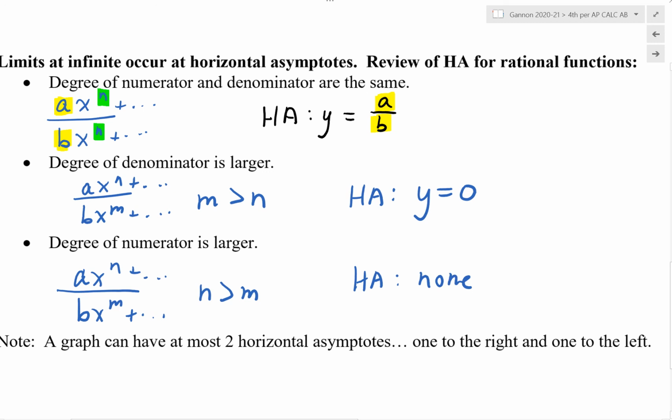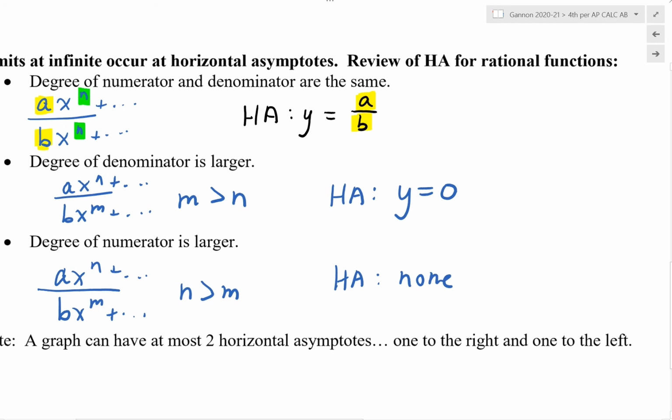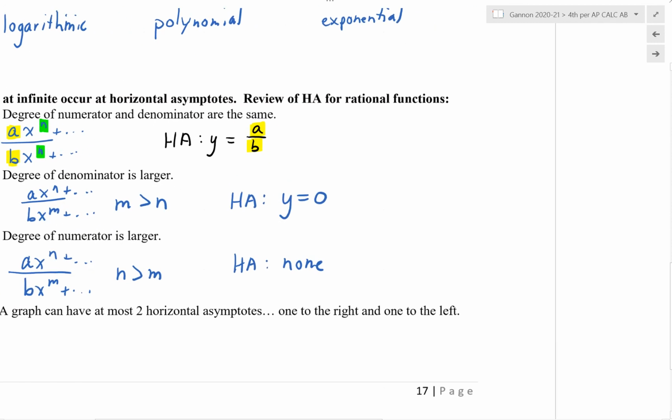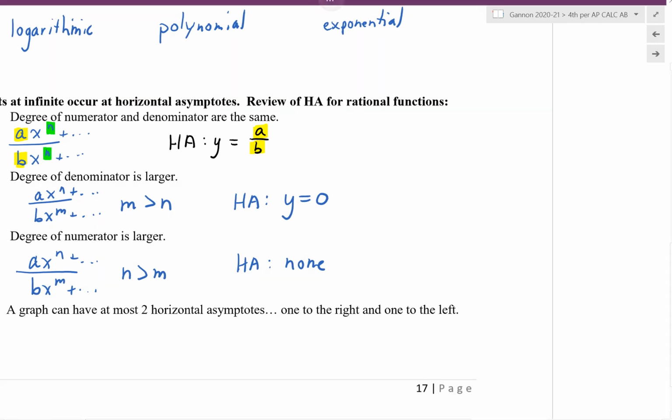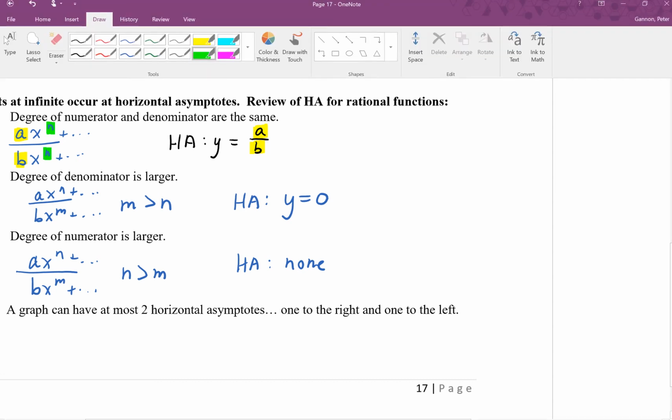Now, in this particular case, just so you understand, all of these can be done using the idea of the degree in the numerator and denominator being the same. Let me quickly show that.